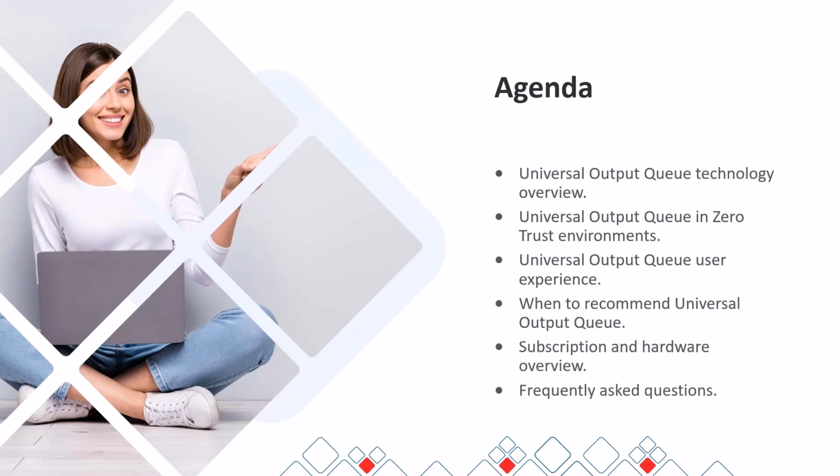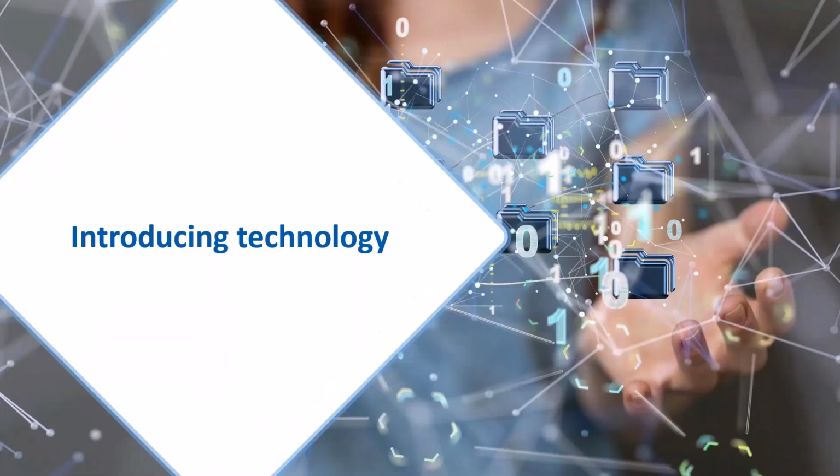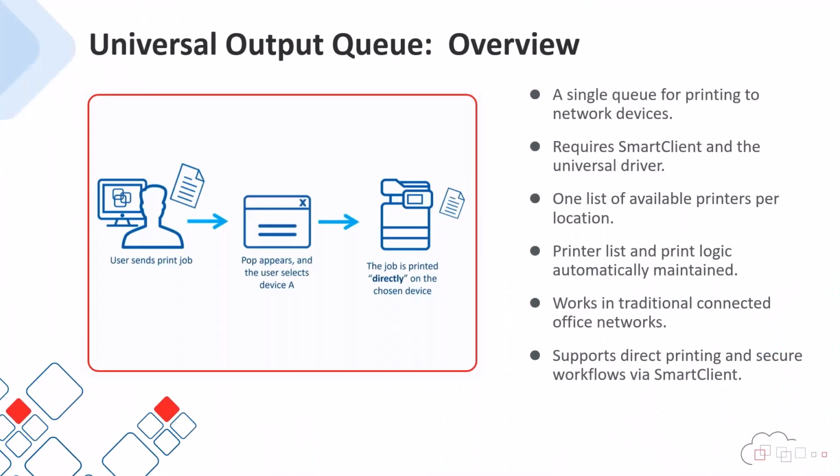It's not a deep dive, but just the technology behind the universal output queue. The universal output queue keeps printing very simple by allowing users to send jobs to any printer in the location through one universal print queue using the universal printer driver.